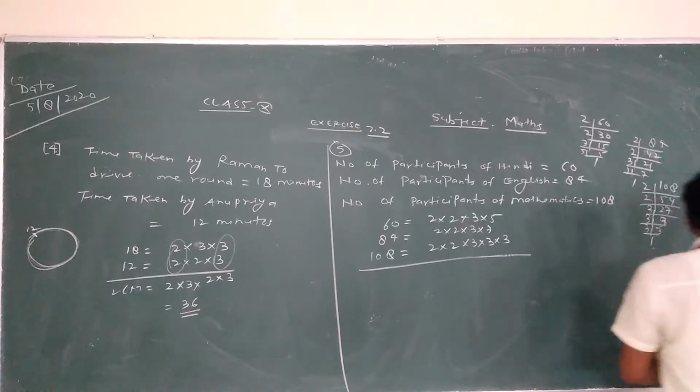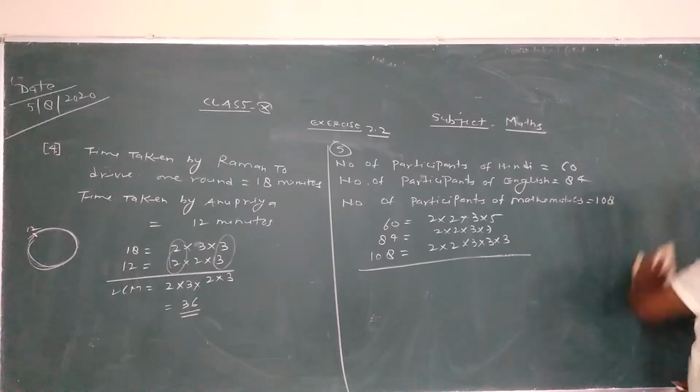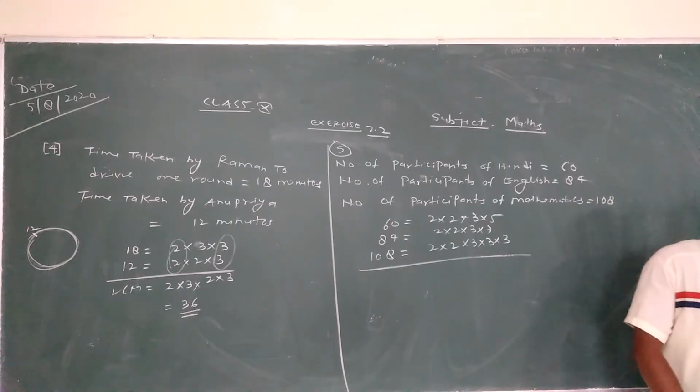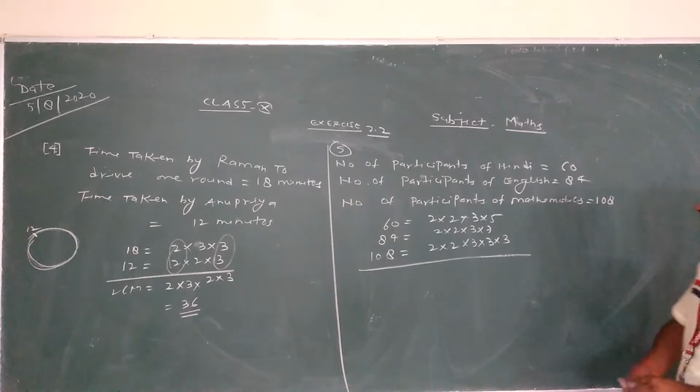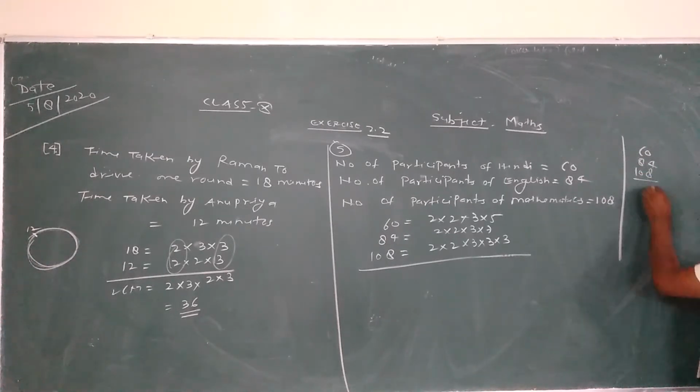Is that clear? Now, what is the total number of participants in this question? Here 60 in Hindi, 84 in English, 108 in mathematics.